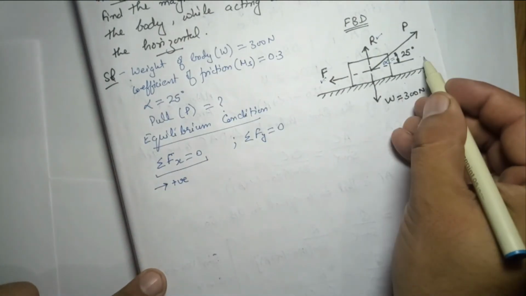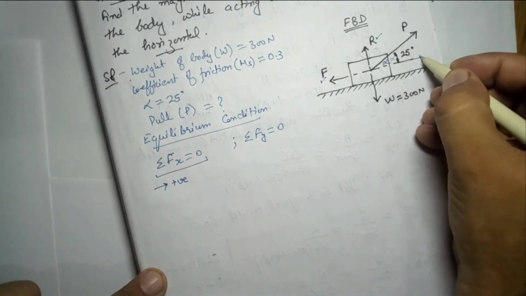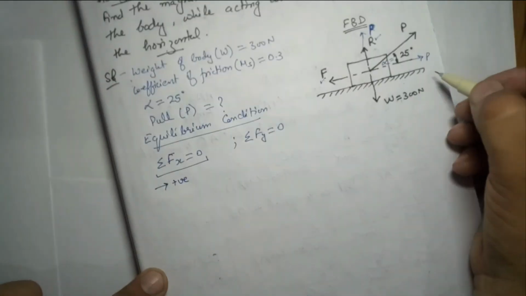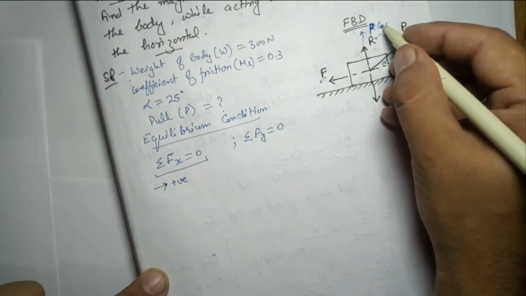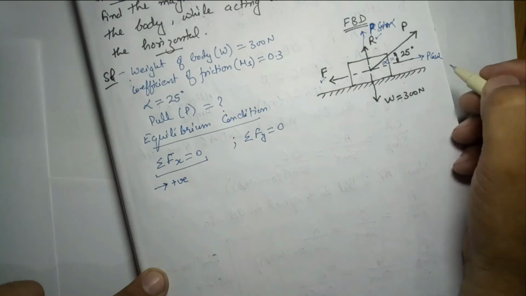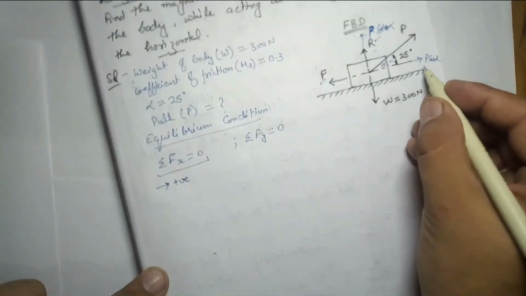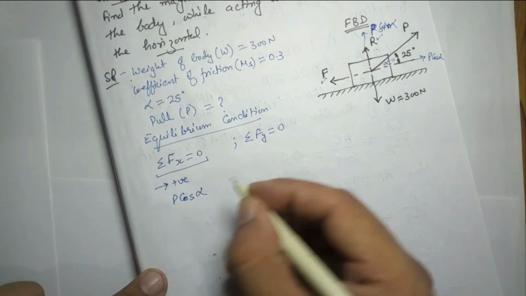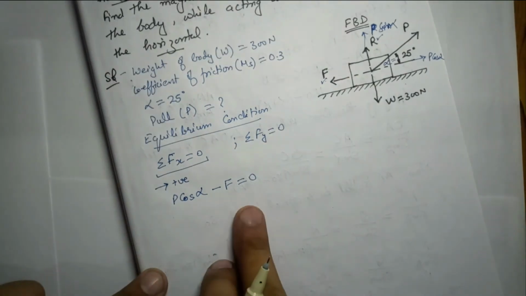Now right side positive means the component of P. If the P force is inclined, it will have two components: a horizontal component, which will be P cos alpha, and a vertical component, which will be P sin alpha. If the force is in this direction, the component will also be in this direction. So right side positive: P cos alpha minus F, the friction force, is equal to 0. These are the forces in x direction.